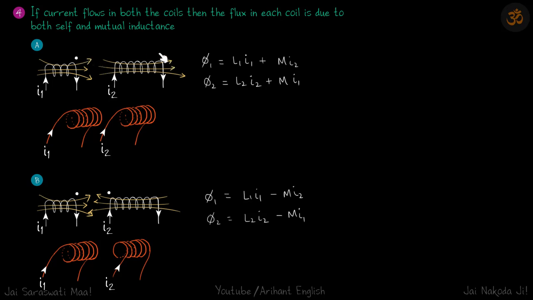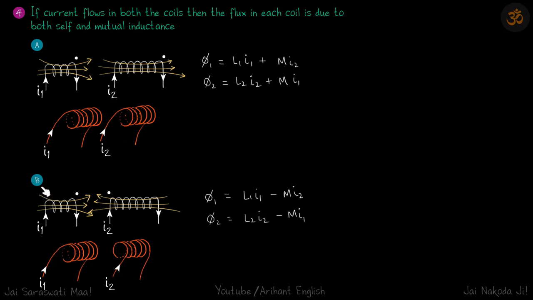We are able to add in both coils because the dots are on the same side, in the same sense. So the field lines are in the same direction in both. Its own plus whatever is passing through, both are in the same direction, so we can add. This is how it will look.